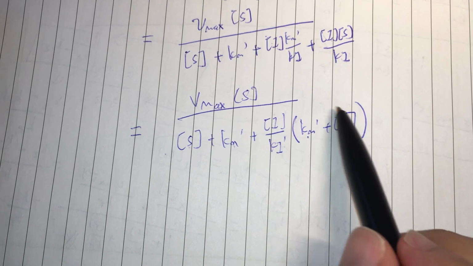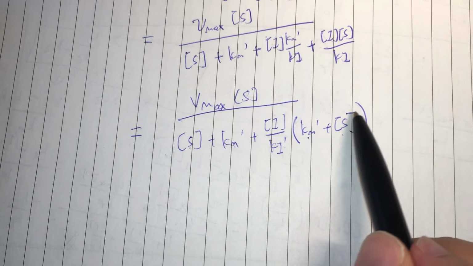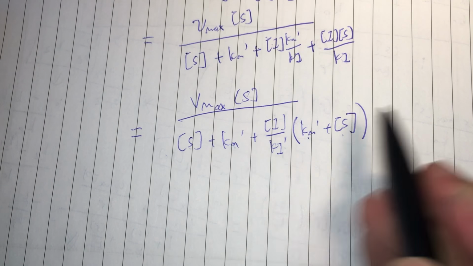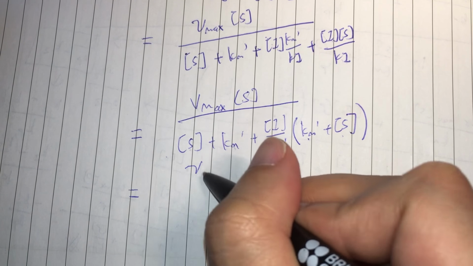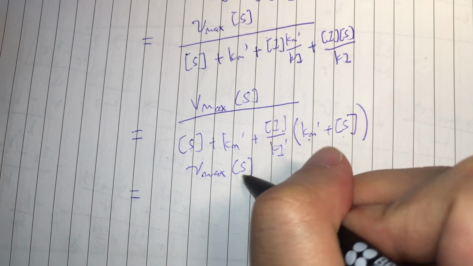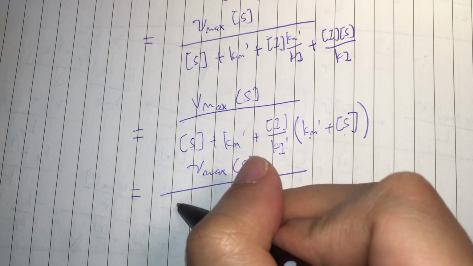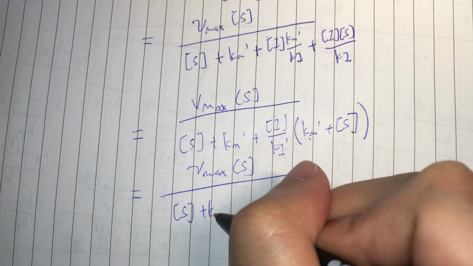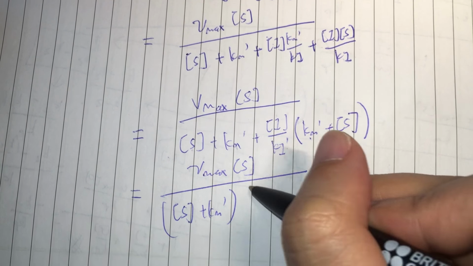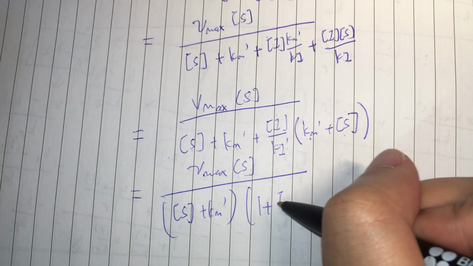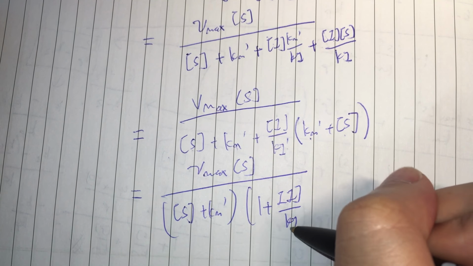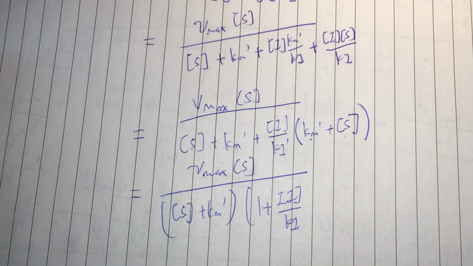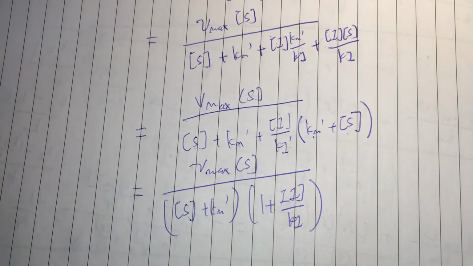The other way you can look at it is we factorize Km prime plus S out. So we have this Vmax over S, and then we'll have this out, S plus Km prime, bracket 1 plus I over Ki, and close bracket right there.